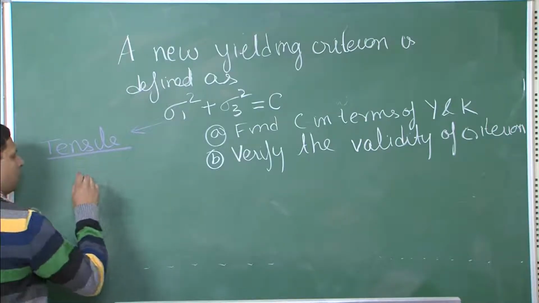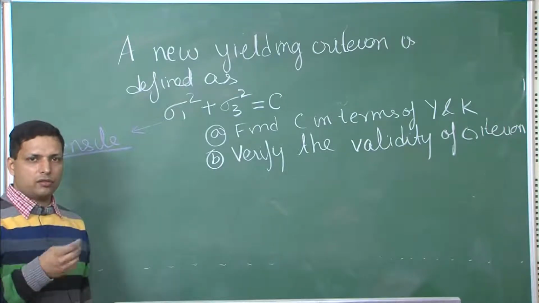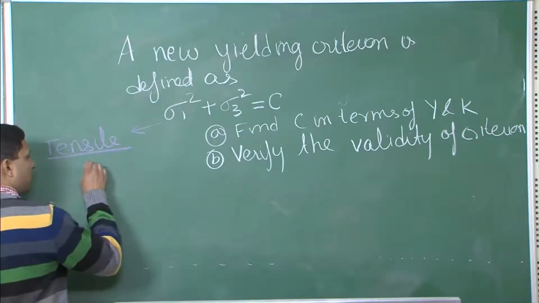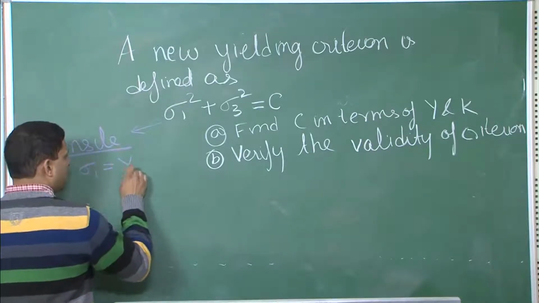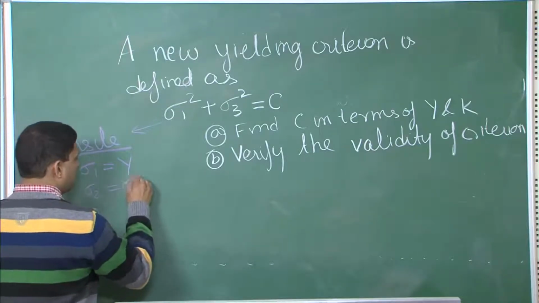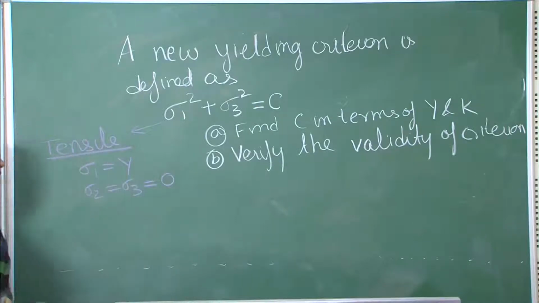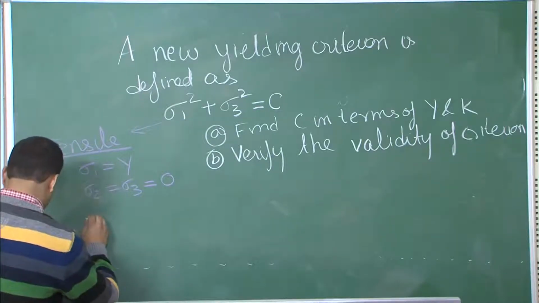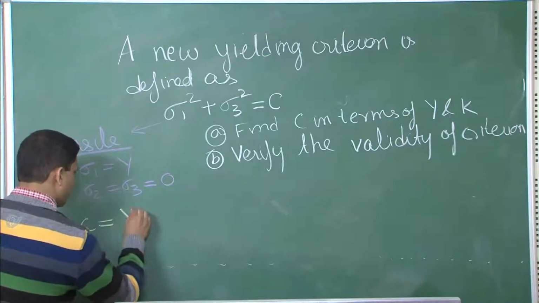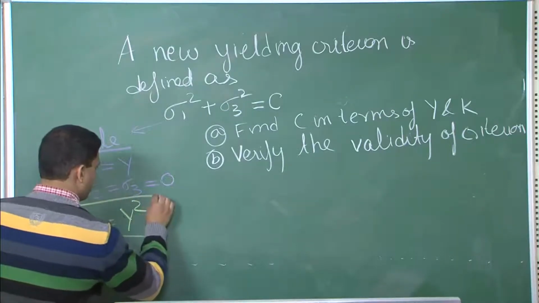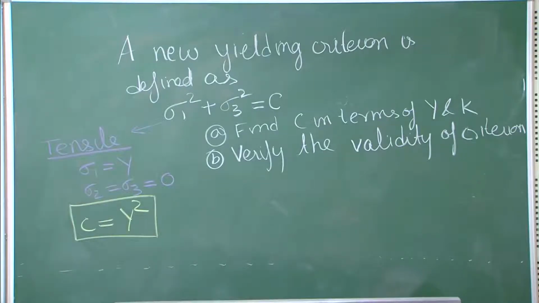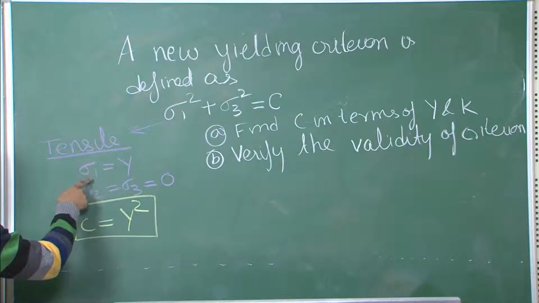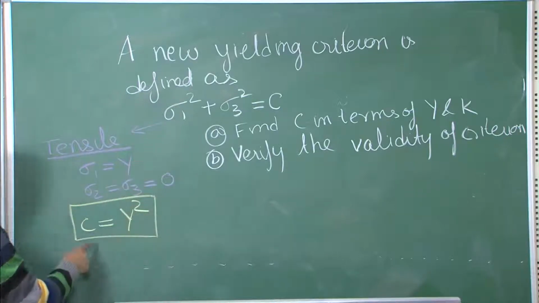At the condition where the stress reaches y, sigma 1 is equal to y, sigma 2 is equal to sigma 3 is equal to 0, and when you put it over there, you get C equal to y square.